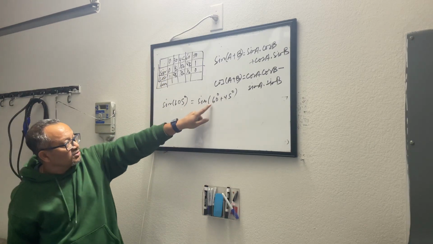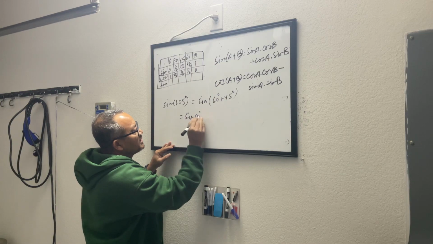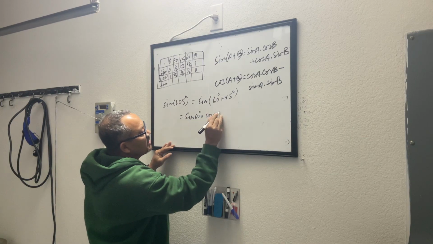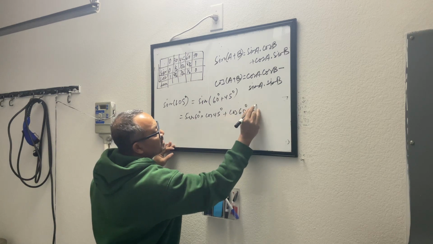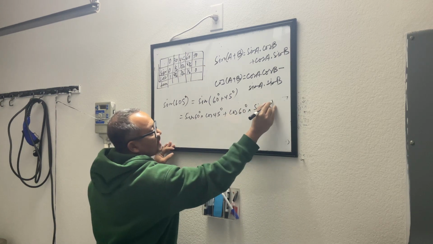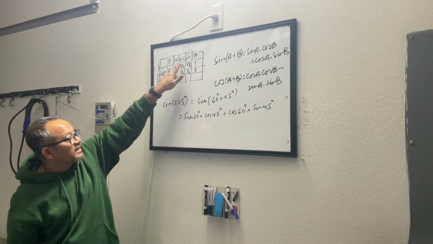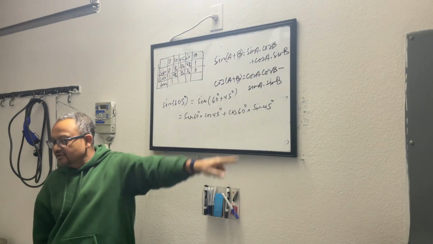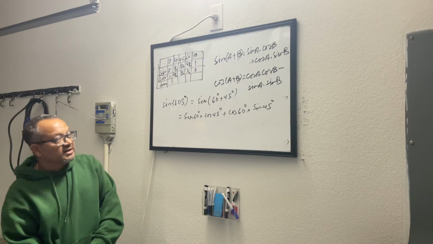You know the values. So this will transpire into sine of 60 degree times cos of 45 degree plus cos of 60 degree times sine of 45 degree. Applying this formula, you can plug in these values. You have sine and cos, all these values here. You can just plug this in. So you don't essentially need a calculator.